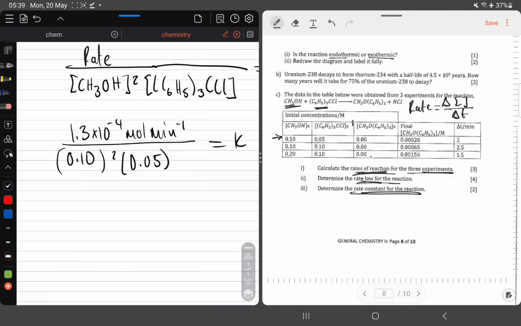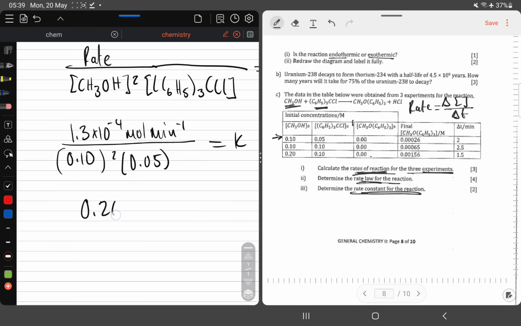So I would say 1.3 exp negative 4 divided by 0.10 squared times 0.05 is equal to 0.26.